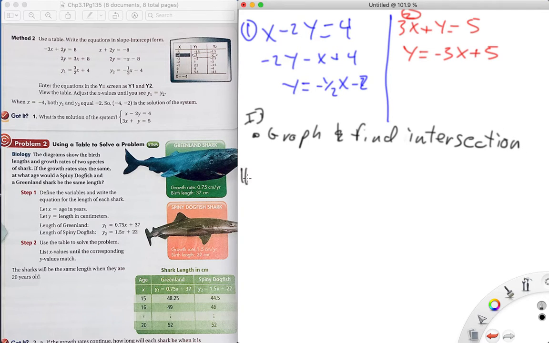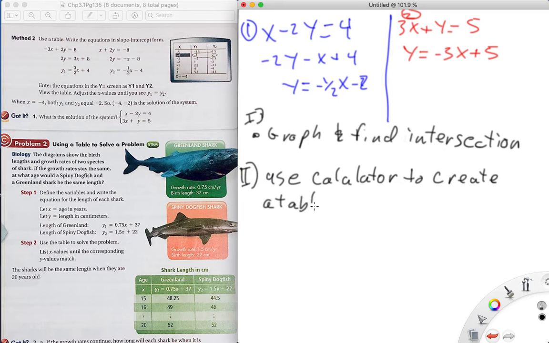The second option is I can graph these using a graphing calculator, or use a graphing calculator to create a table to find a point where they are at the point of intersection.